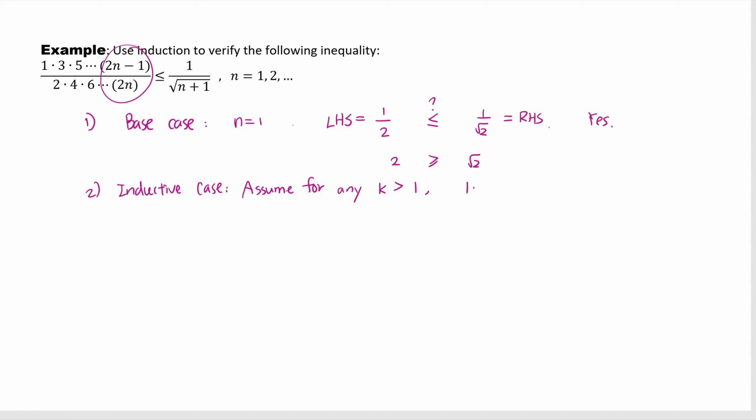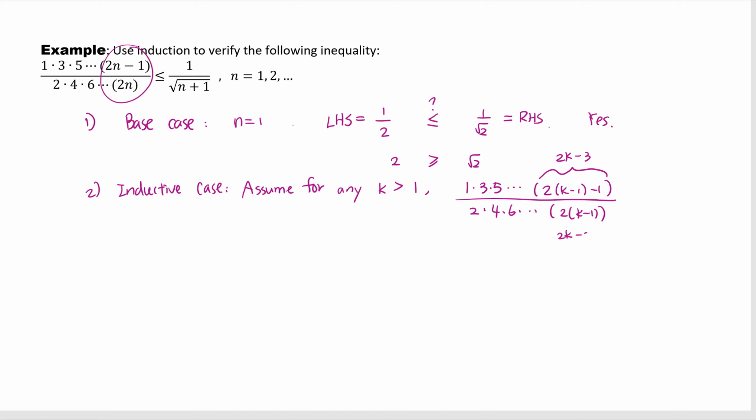So we have 1 times 3 times 5, dot dot dot, when we plug in n is k minus 1, over 2 times 4 times 6, dot dot dot, 2 times n with n is k minus 1. Don't forget the parentheses, okay? So actually, this guy is 2k minus 2 minus 1, which is 2k minus 3.